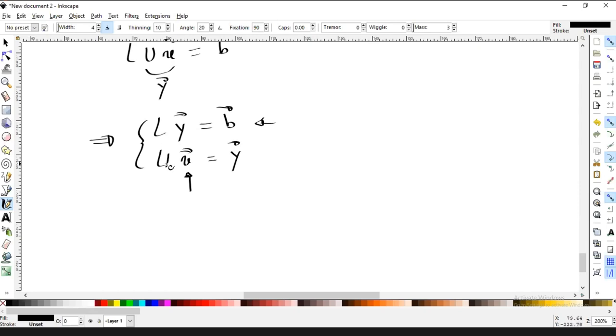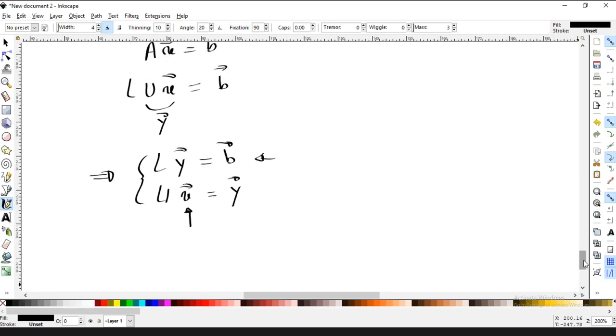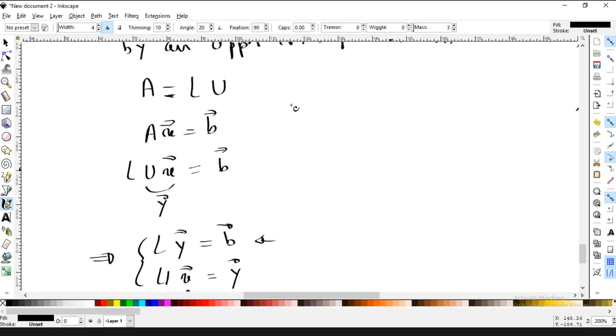So these two systems of equations are easy to solve, right? So the only difficulty of the LU is to determine the matrix L and the matrix U.